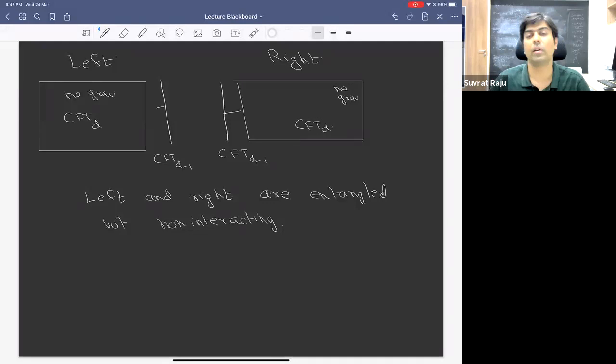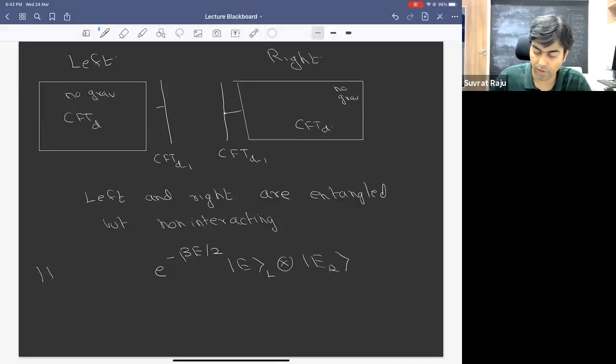But the complete left system is not interacting in any way with the complete right system. In fact, you could prepare this whole setup in what's sometimes called a thermofield double state, which I don't remember if we discussed earlier in the course, but is this kind of a state.